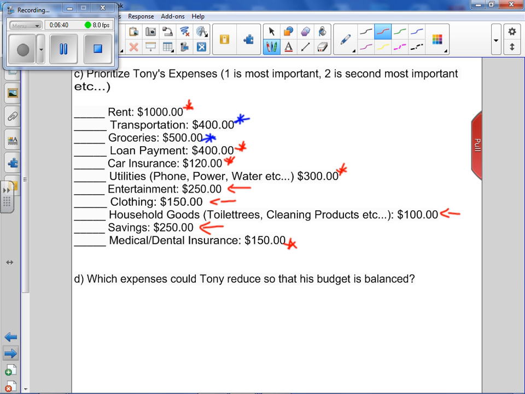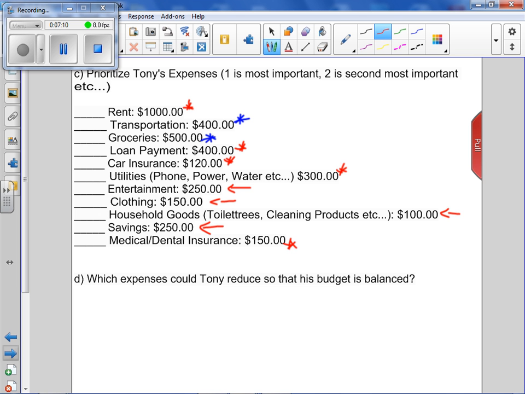That is a lot. I'm sure I could even cut $100 off of that and only have $150 a month, and that would be pretty doable. Clothing also, $150 a month, I could probably reduce that. If I cut my entertainment by $100, I could just cut my clothing by $20, and there I have my $120. The household goods, those are things that you probably would like to keep, the toiletries, the cleaning products, and it's nice to have a bit of savings.